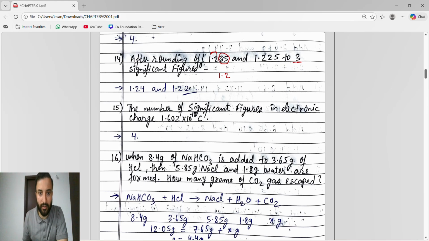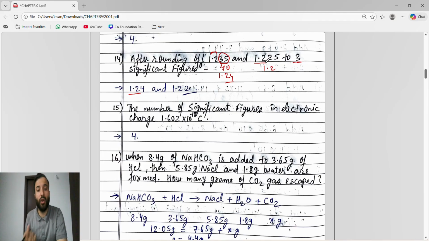For third one we will take this 2. So 35 will round off to 40. So it will become 1.24. Yes, 1.24. Next is 1.225 to 3 significant figure. 3 significant figure means the 2 significant figure we will keep as it is. So it will become 1.2. It will remain as it is, the 2.